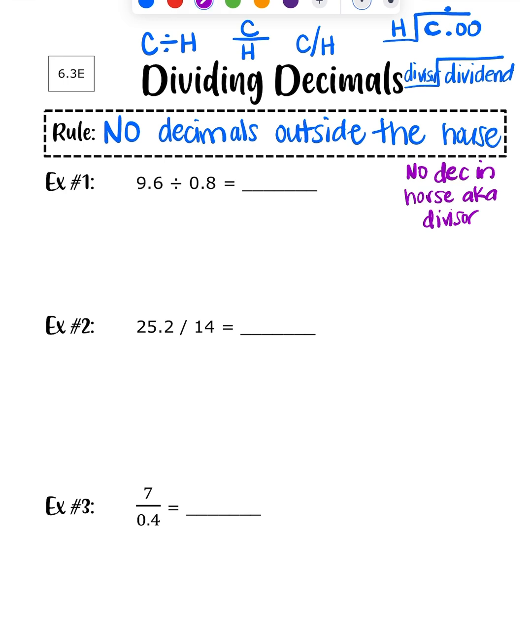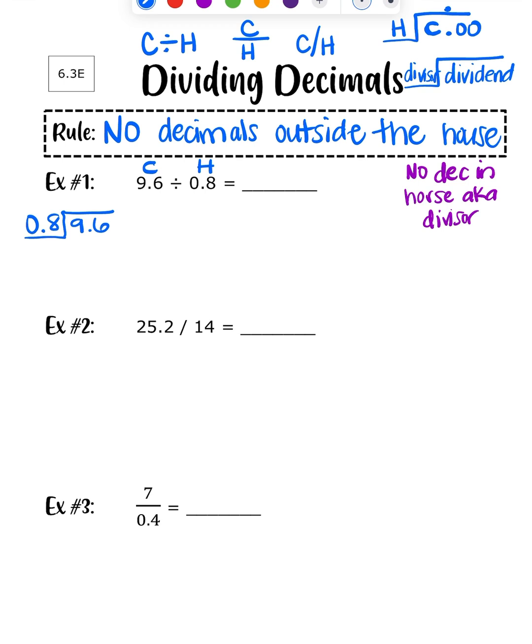All right, so we have our first problem. We have 9.6 divided by 0.8. So our first number is our cowboy. We're always going to label. And our second number is our horse. And remember, we cannot have any decimals in our horse. So if I were to set this up, I would have my horse outside and my cowboy inside.